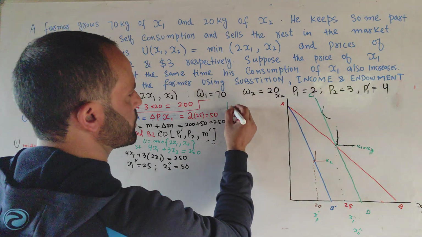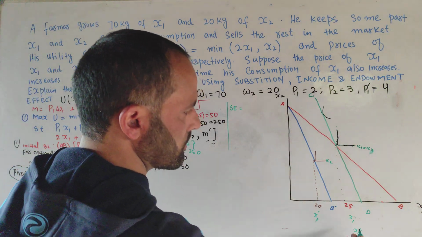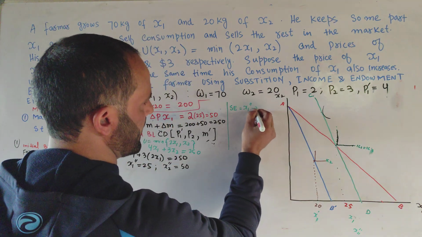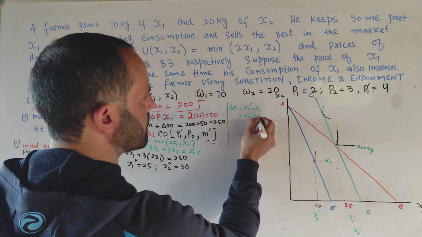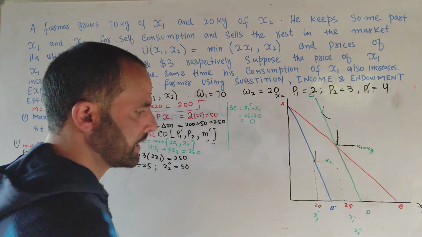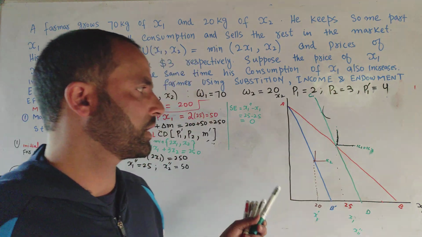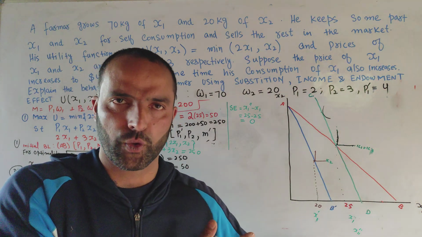So what is substitution effect here? Substitution effect is x1 double prime minus x1, that is equal to 25 minus 25, which is equal to 0. So there is no substitution effect in case of perfect complements. Remember this thing, because we demand the things in a fixed proportion here.